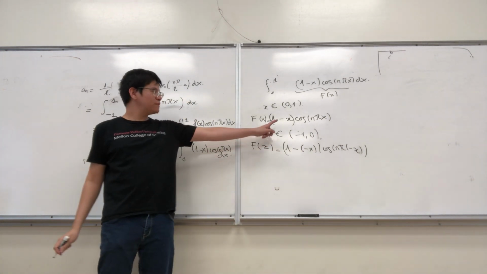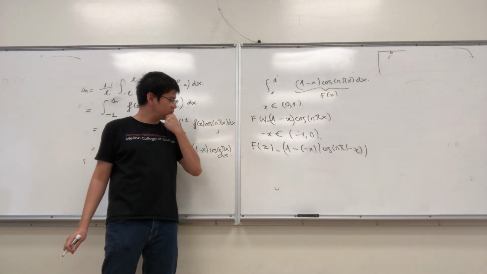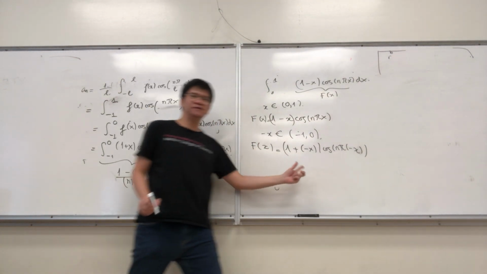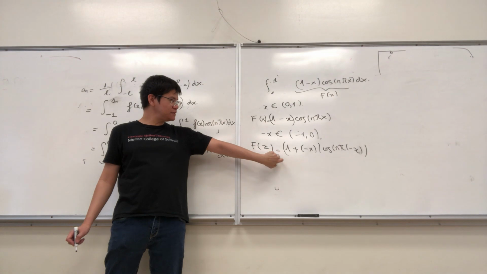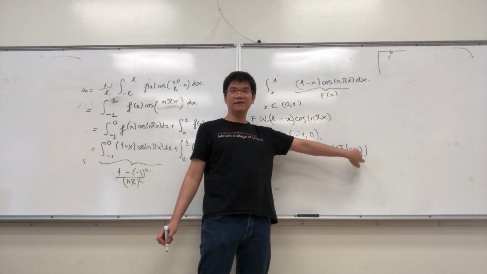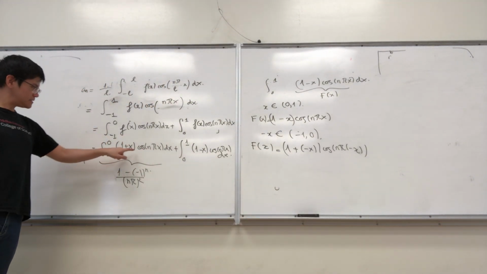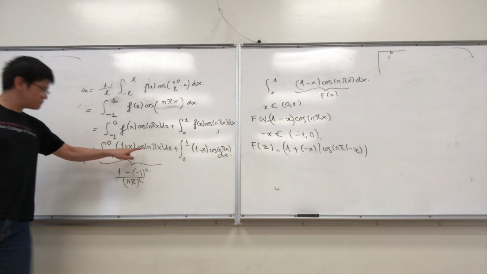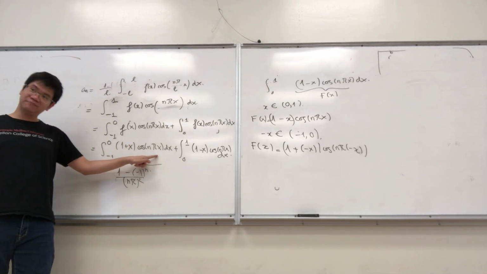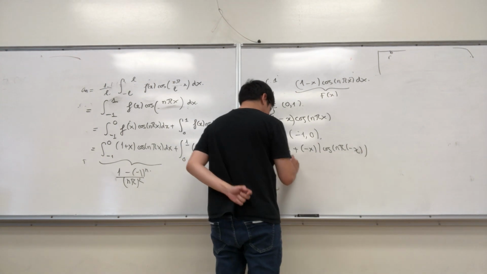So I'm going to write this like 1 plus minus x, sorry. I'm going to write this like 1 plus minus x cosine of n pi minus x, which is exactly 1 plus x cosine n pi x, right? So this is f of minus x.